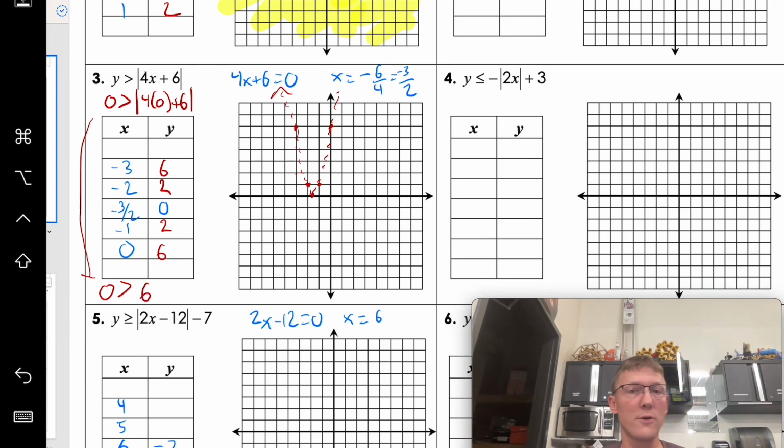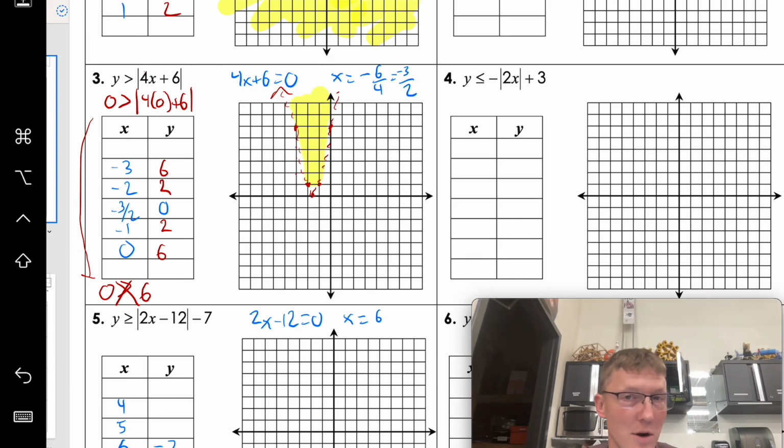So is that a true or false statement? 0 is greater than 6. That is definitely a false statement. That means that this point, being the origin, is not in the shaded region. So we know that this is where we will shade.